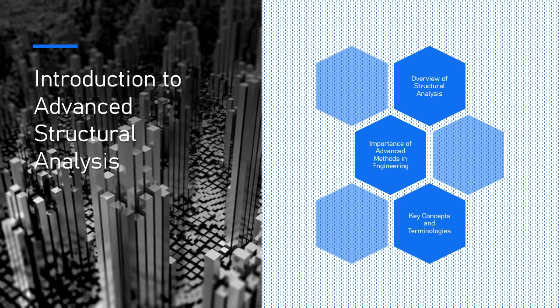Importance of advanced methods in engineering. As engineering projects become more complex, traditional methods often fall short in accurately predicting structural behavior. Advanced methods are required for the following reasons. Increased structural complexity.